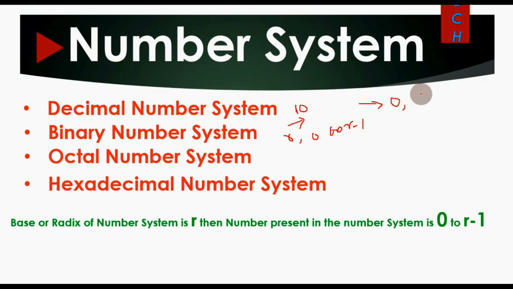So the decimal number system can be represented from 0 to 9, means 0, 1, 2, 3, 4, 5, 6, 7, 8 and 9, because the base of the decimal number system is 10.